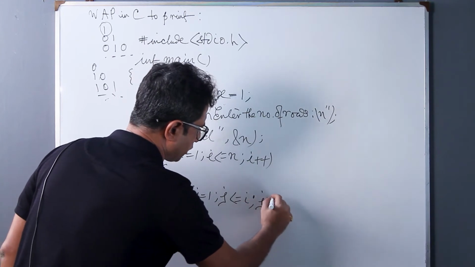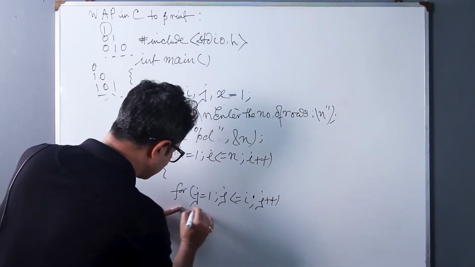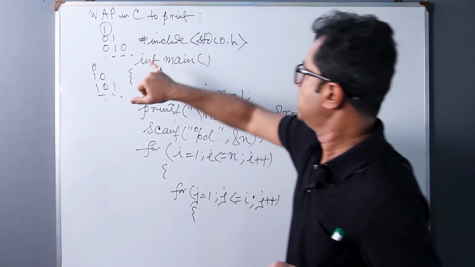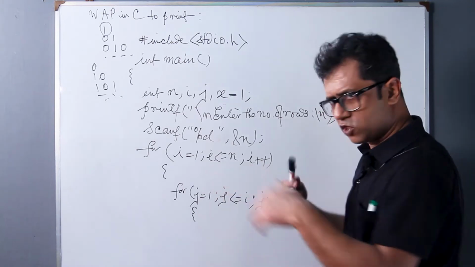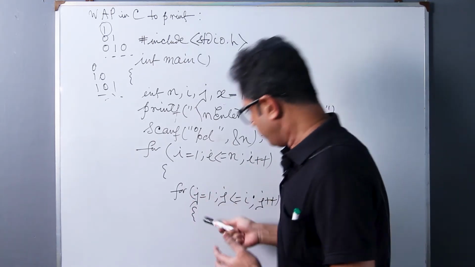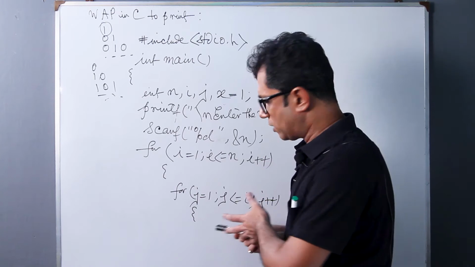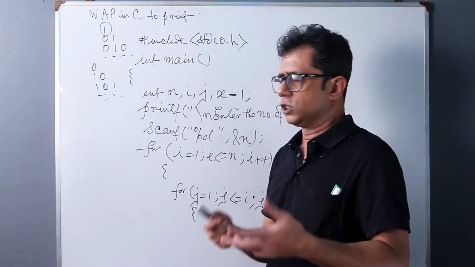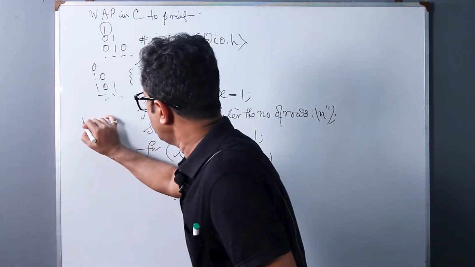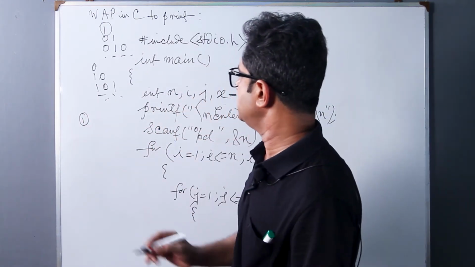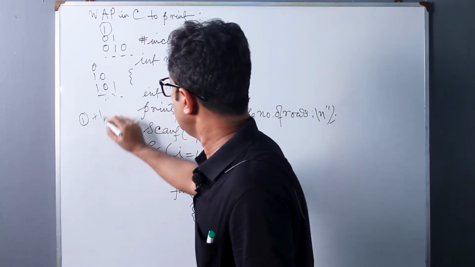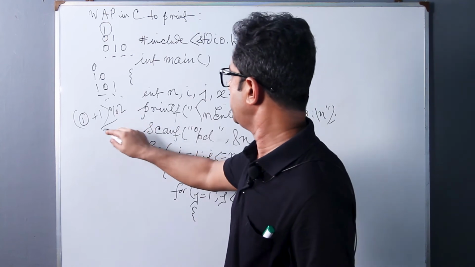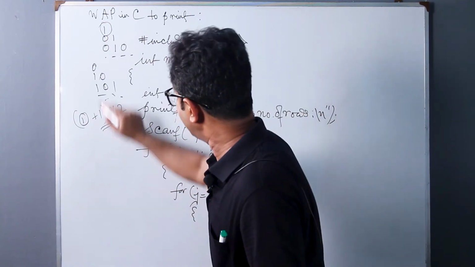Then the incremental part j plus plus, and inside this we are going to print the x value, which will be changed in the inner loop. After printing the x value, we will increase the x value by 1 modulo 2. So if 1 is printed in the first instance, 1 will be increased by 1, and then a modulus operation with respect to 2 will be done to get the next 0.